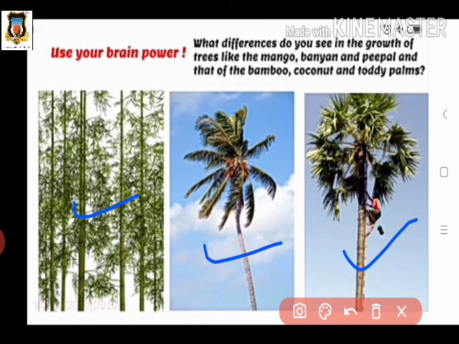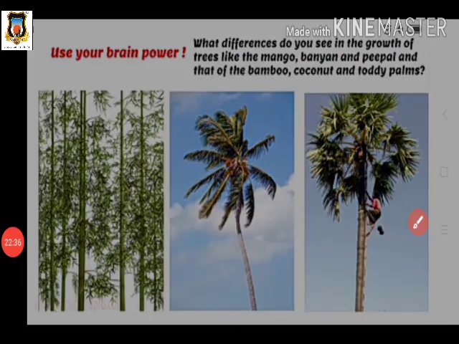So you should observe these and find out the differences in their growth. So here we see the first characteristic of living things, okay, that is growth.